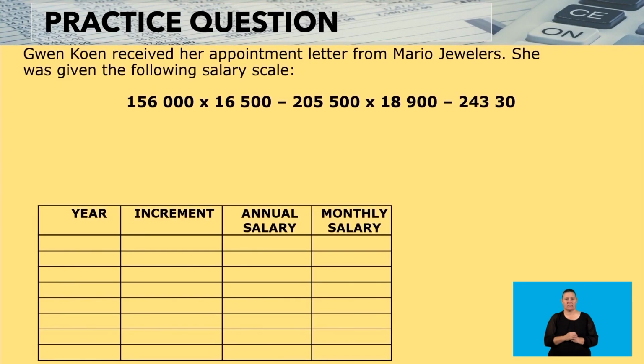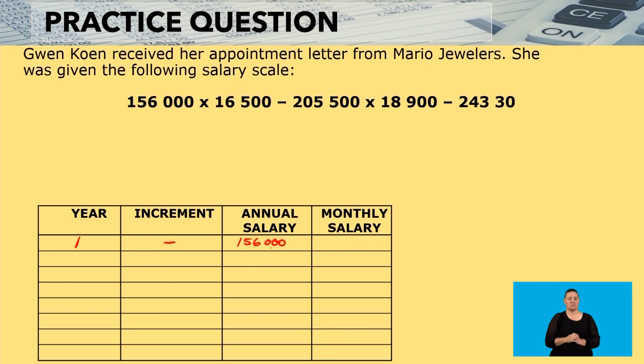Here is the calculation. It says, at the beginning, she is starting with 156,000. This is the annual salary that she's starting with. This is going to be in year one. In year one, there will be no increase, but her annual salary will be 156,000.